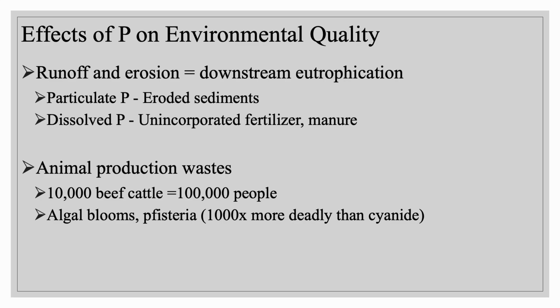And so one of the important things that I saw here was that 10,000 head of cattle produces enough waste similar to the size of Murfreesboro. That's a lot of people. That's a lot of waste. It's almost a whole town. And so this will cause those algal blooms and Pfiesteria. So there's going to be some EPA issues when we start talking about gases and killing some things.